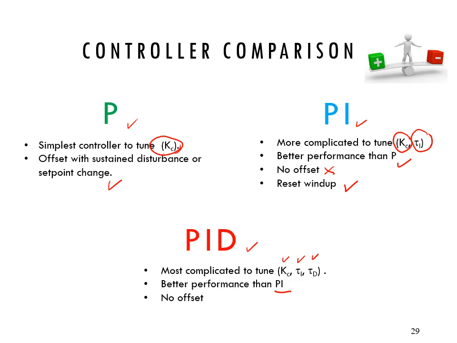And again, as opposed to the P controller, it has a similar function to the PI because it results in no offset. Basically, the most common use of the PID controller with all three terms is the temperature controller. For other process variables, the most common type of controller used is the PI controller.